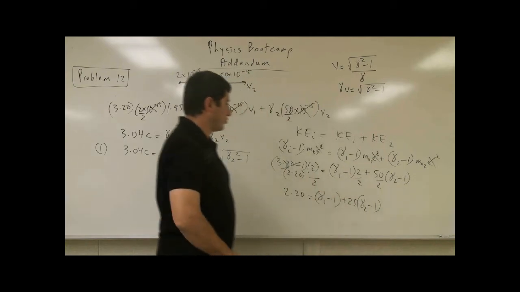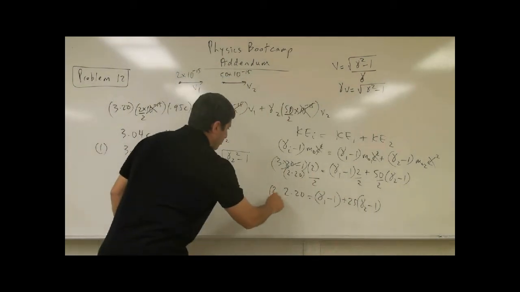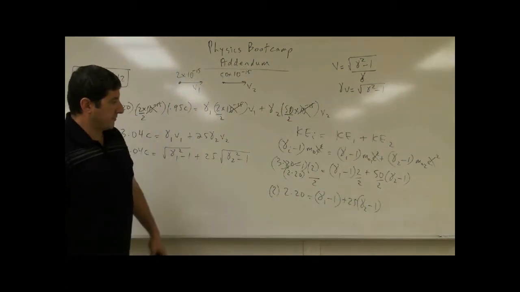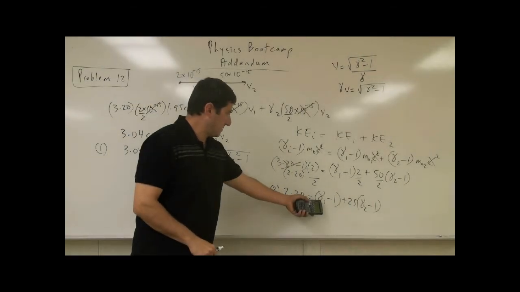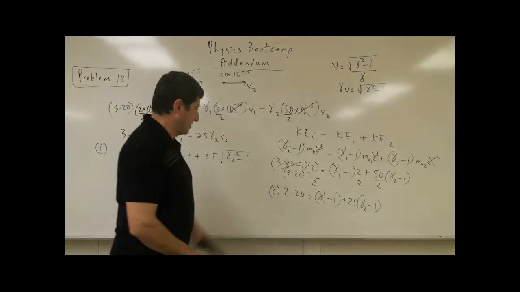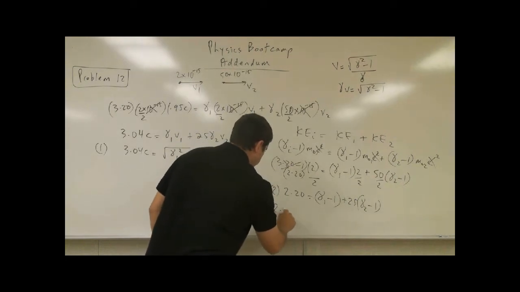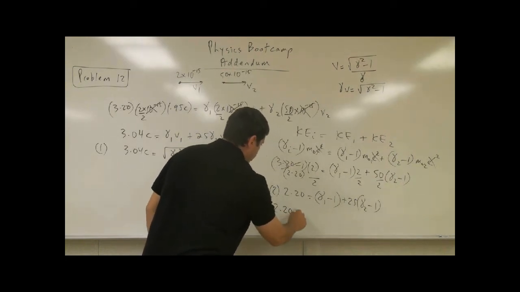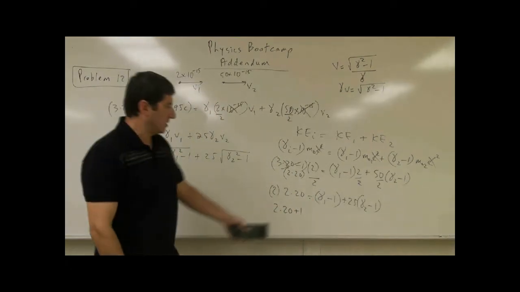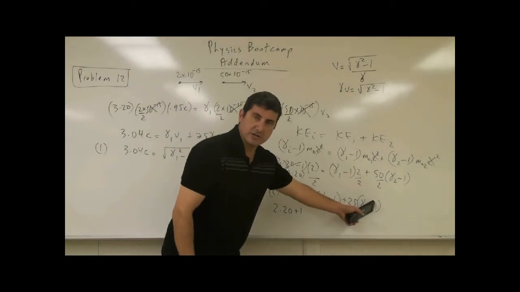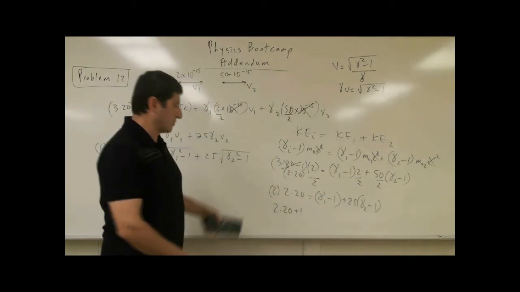The 2 goes into 50 25 times. Here is your second equation. Well, the best way to solve this is basically substitution. Take everything to the other side, and then you have 2.20, and then the minus 1 goes over there, becomes plus 1. And then 25 distributes into there, becomes minus 25, right? When it goes to the other side, it becomes plus 25.